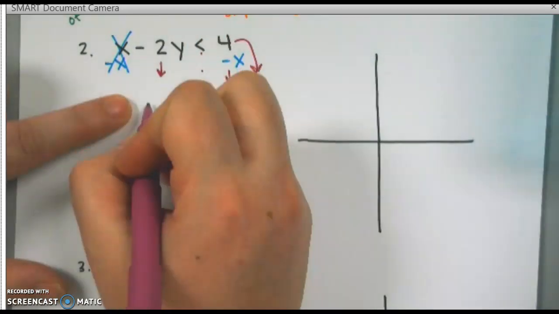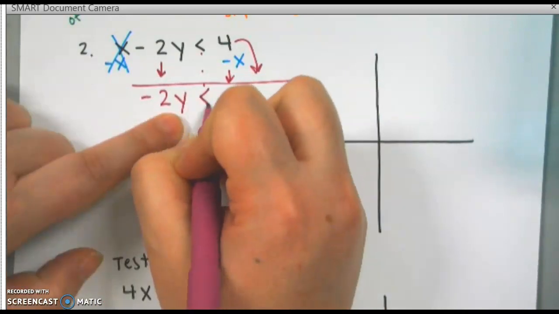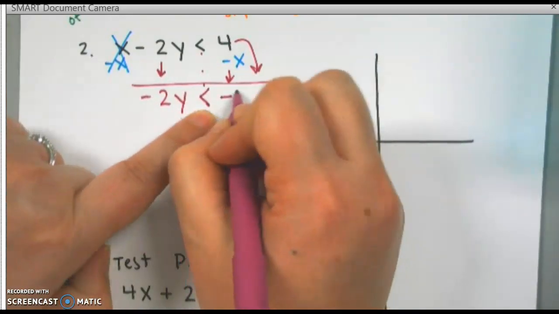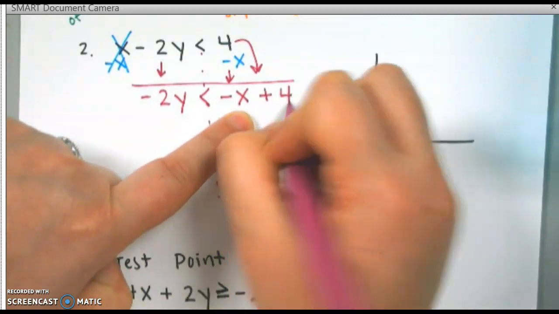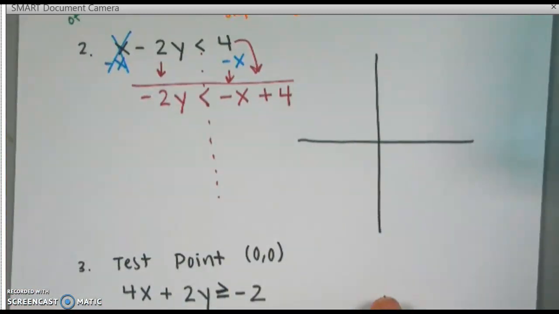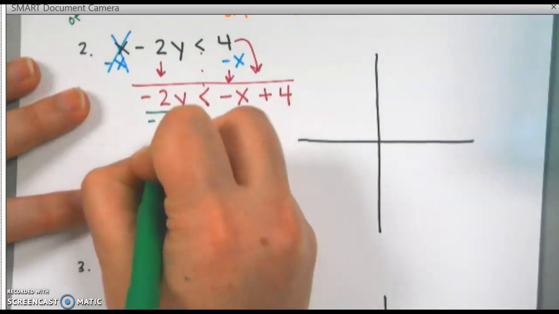I'm going to move down this negative 2y. The x is now negative x, and that 4 is positive. I'm going to divide by the number in front of y.